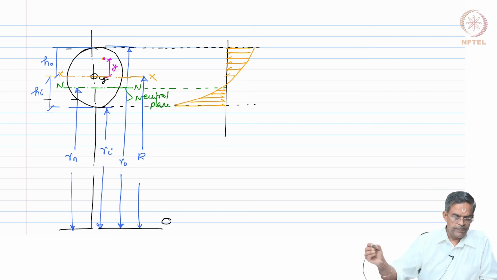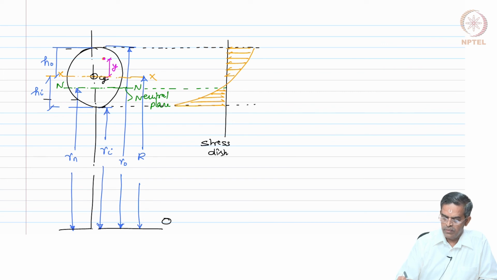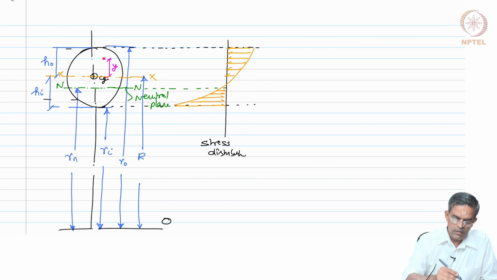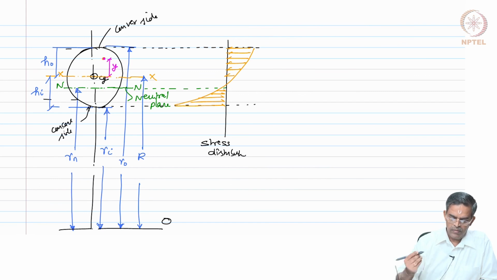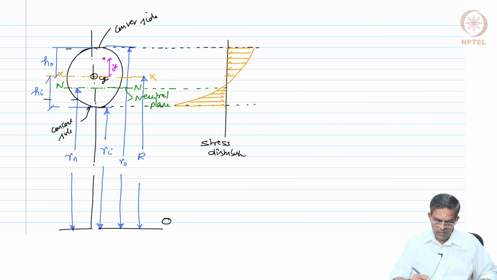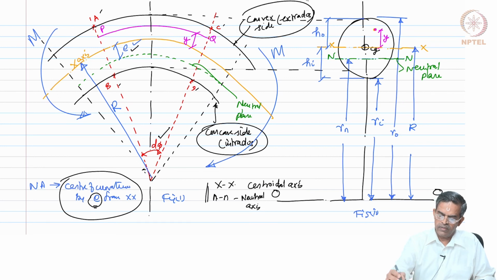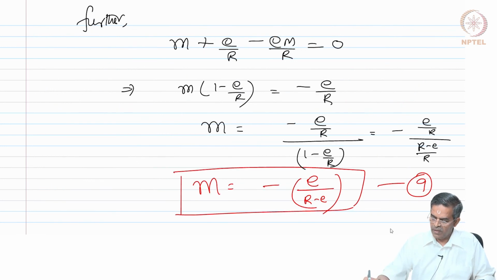So, I should say this is my stress distribution. Let us also mark this is convex side, this is concave side, that is what we also marked earlier. The bottom is concave side, the upper is convex side, or extrados and intrados. We have marked the same thing here again.